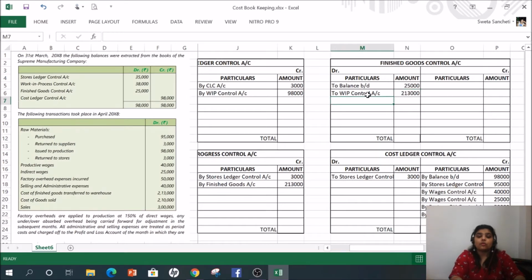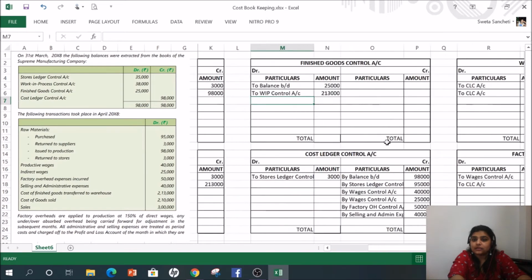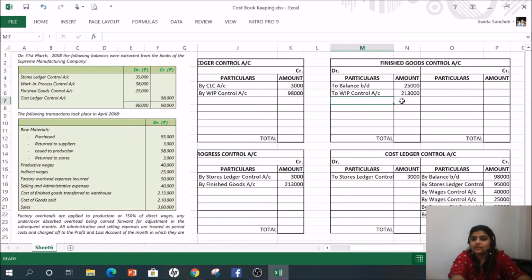2,13,000. Now cost of goods sold given is 2,10,000. That means our cost of goods produced, since we don't have any admin expenses, this is my cost of goods produced. Add opening stock less closing stock, I get cost of goods sold, that is equal to 2,10,000.